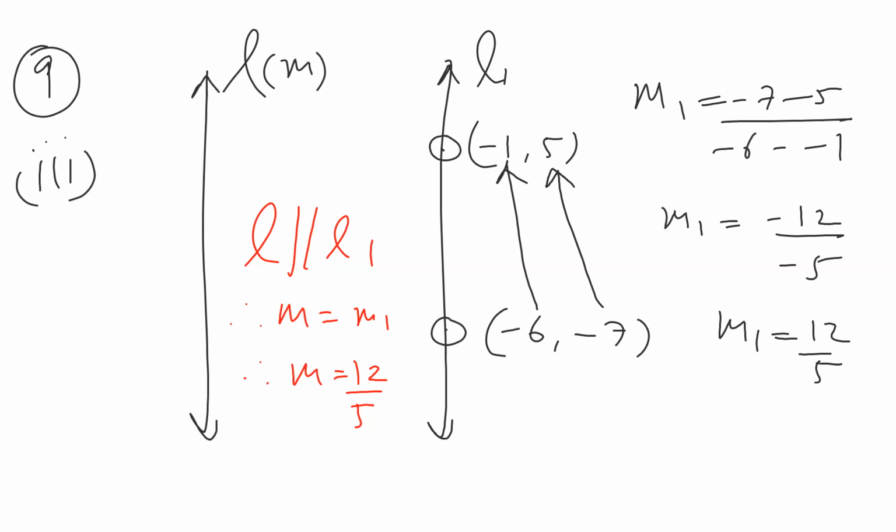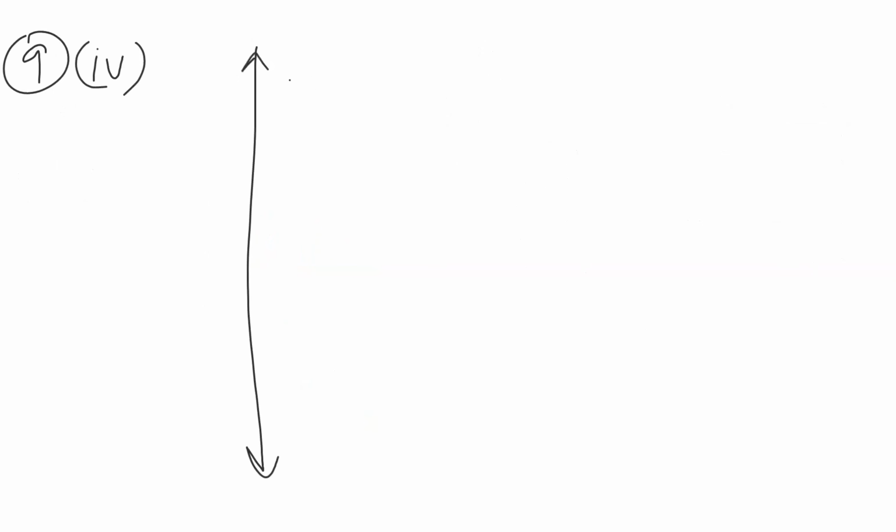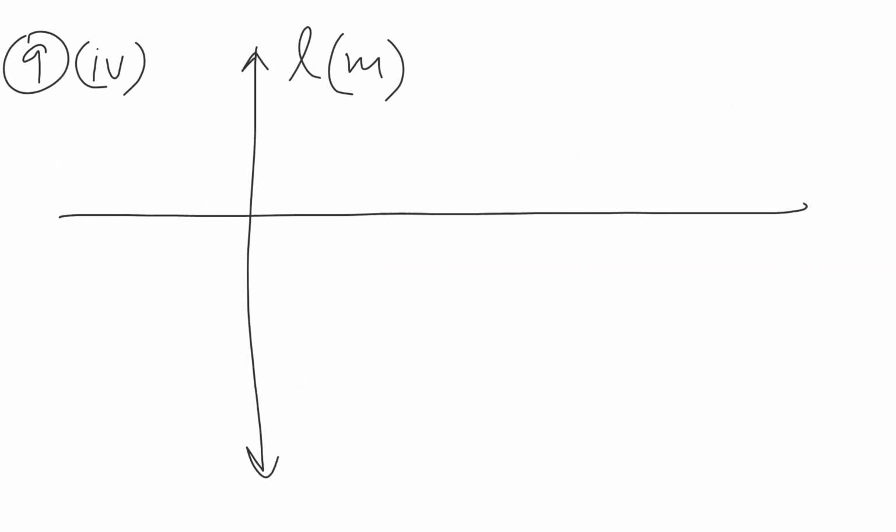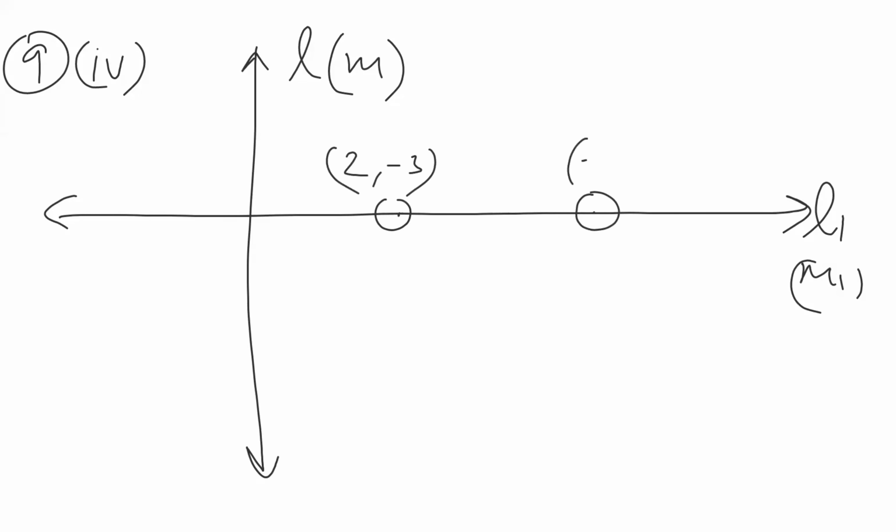Next, sub question 4 of question 9. We require the slope of a line. Let the slope of the required line be m. Line L is perpendicular to some other line, let's say L1 with slope M1. The other line has 2 points on it, B and S. Some random figure I have drawn, not as per proper scale and coordinate geometry, but just for your understanding I have placed points on the line L1.